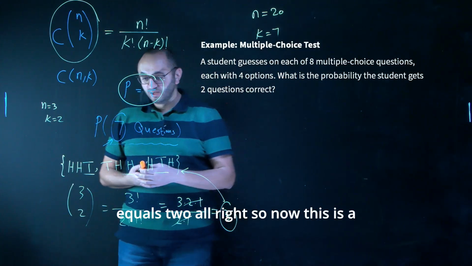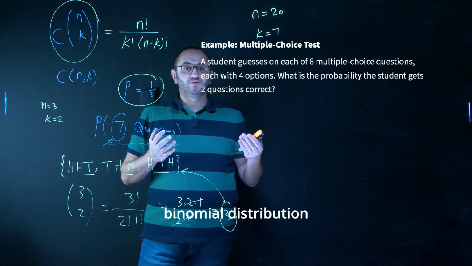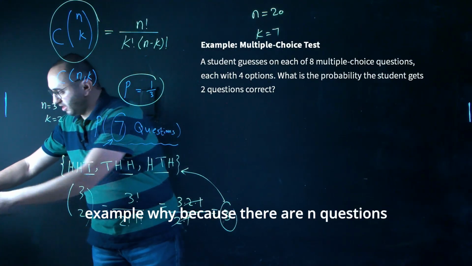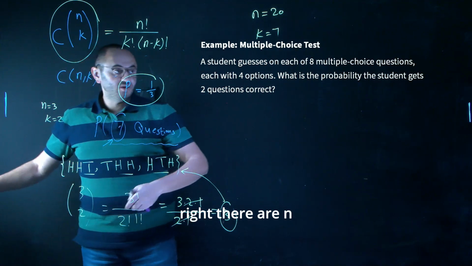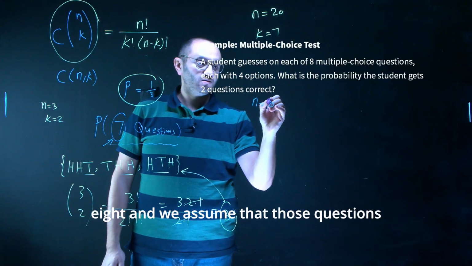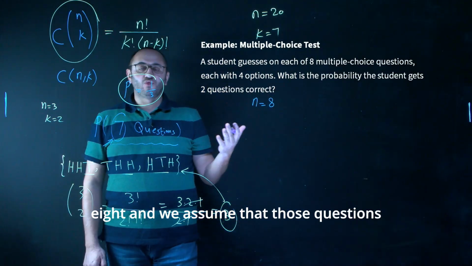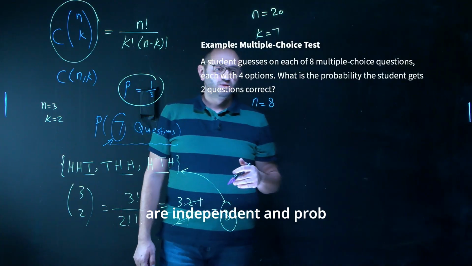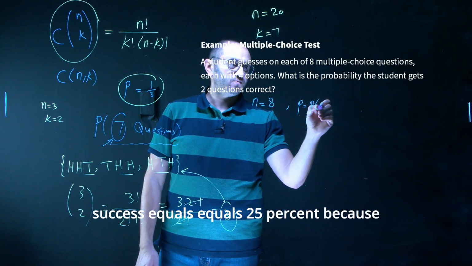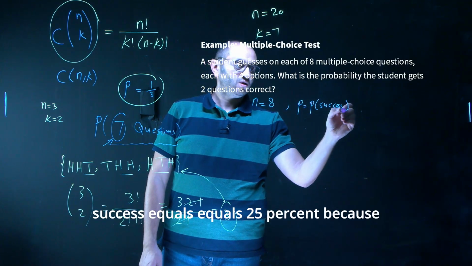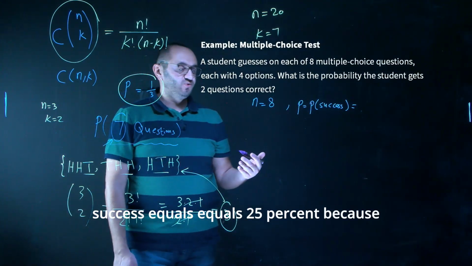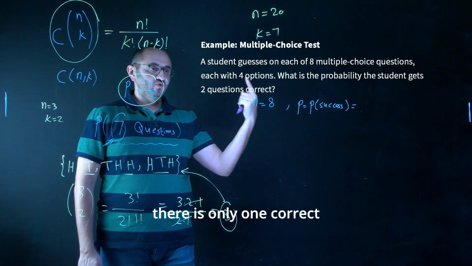All right, so now this is a binomial distribution example. Why? Because there are n questions, so n equals 8. And we assume that those questions are independent. And p, which is the probability of success, equals 25% because there are 4 options and there is only one correct answer.